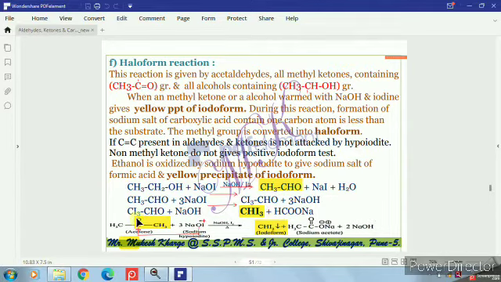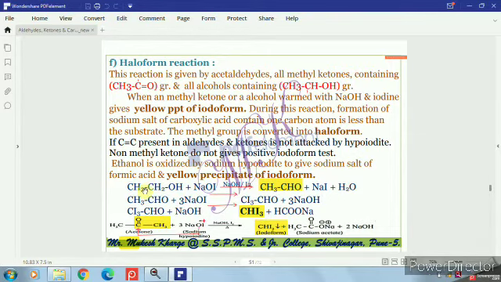And then that CI3CHO, triiodoacetaldehyde, reacts with sodium hydroxide to give CHI3 and HCOONa, that is sodium formate. So in this way the product will be formed, and that product is yellow in color, known as iodoform.